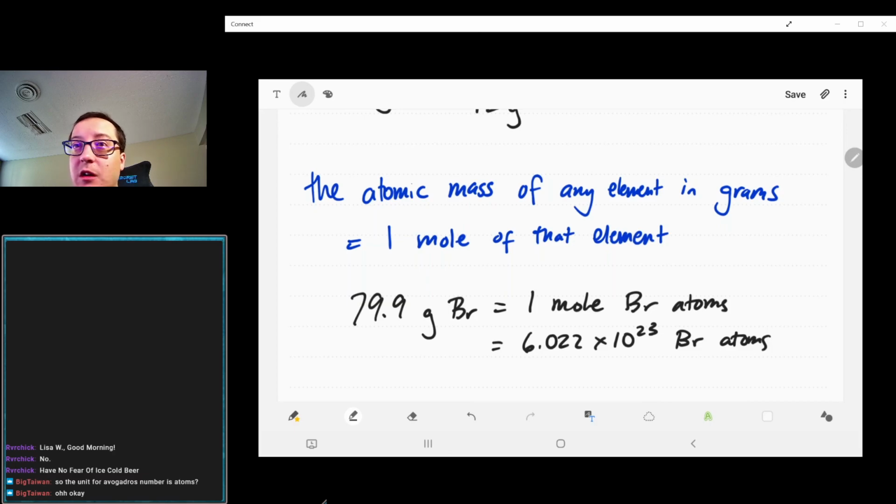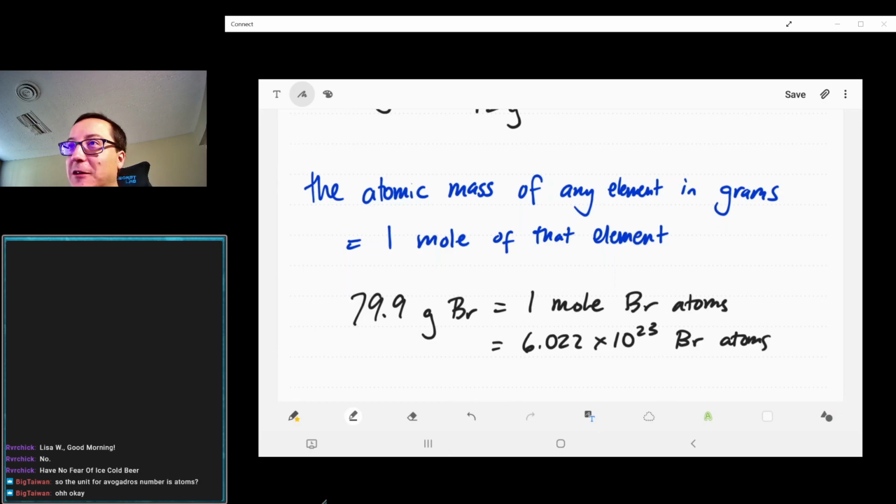Either one will work, and technically, you can use either one. If you really like Avogadro's number and you love inputting that on your calculator, go right ahead. Stuff will still work with it, but in my opinion, the number 1 is easier to deal with than the number 6.022 times 10 to the 23rd.